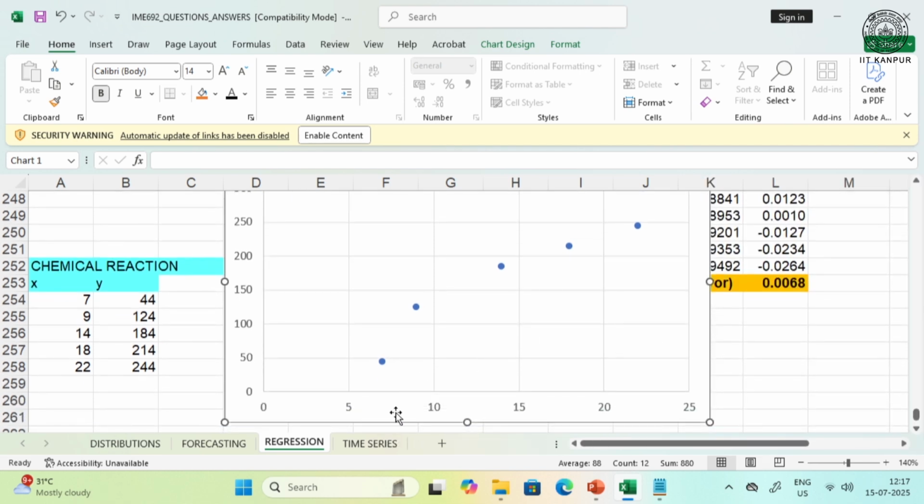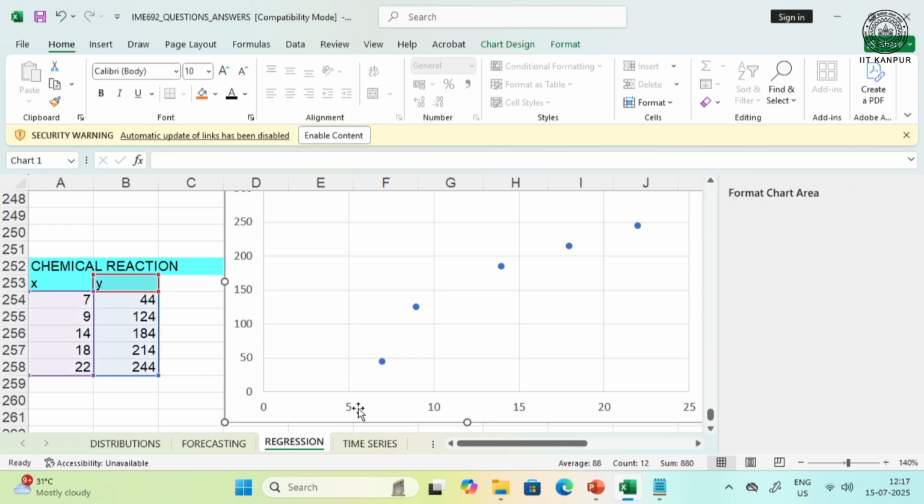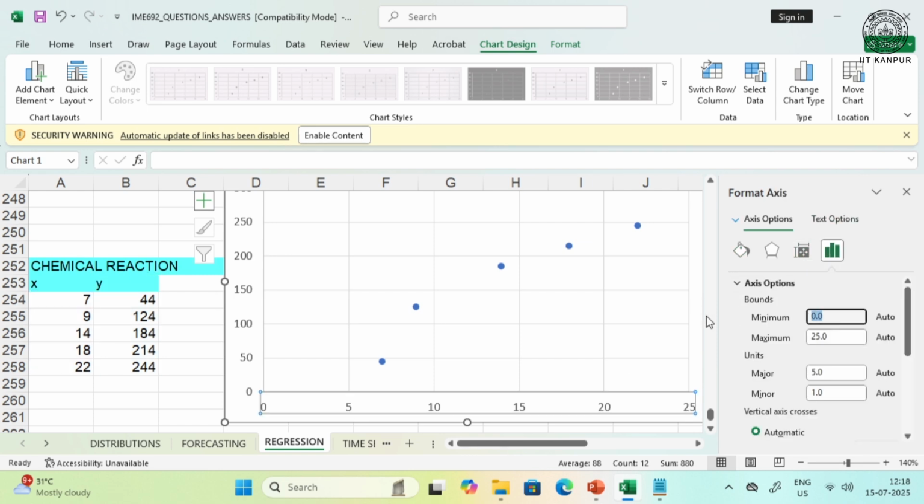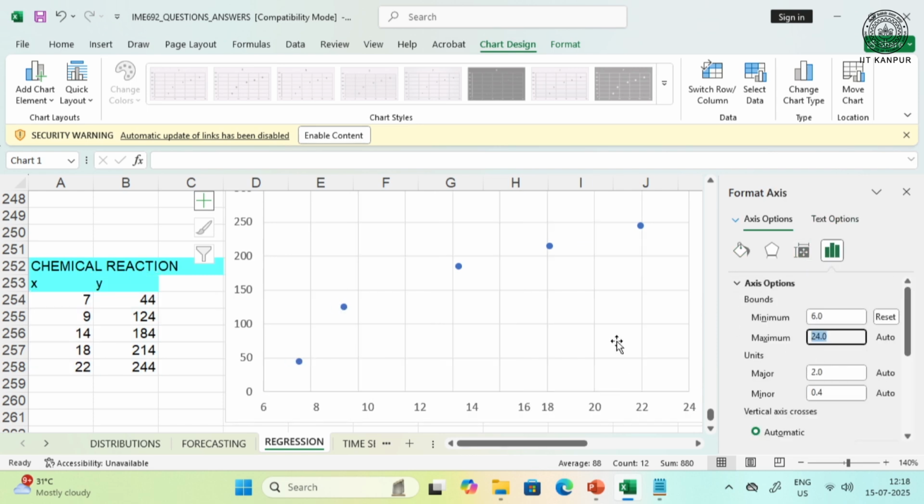I can reduce the x axis because it is basically more than 5 and less than 20, so I can keep it between 6 to 22.